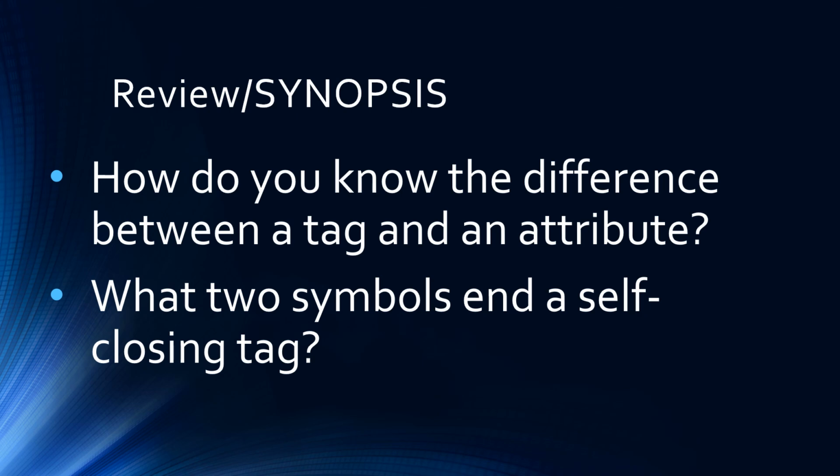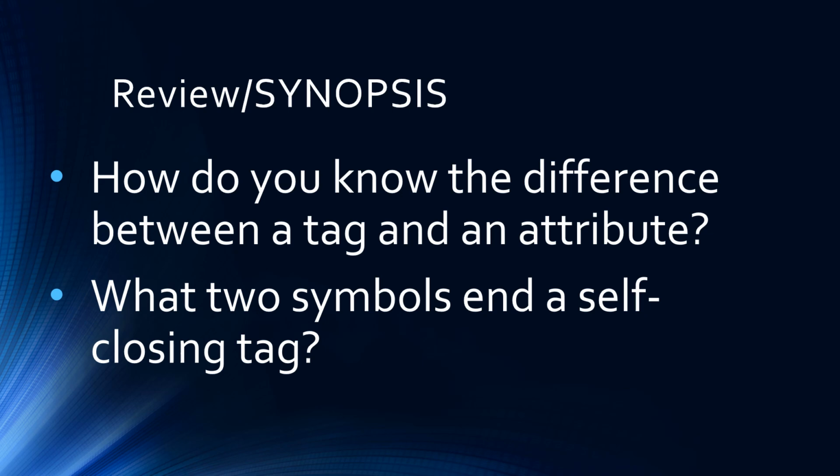So an important note that we want you to know is, how do you know the difference between a tag and an attribute? The key is to look for those brackets. Also, you're going to want to make sure that you know the two symbols in a self-closing tag.